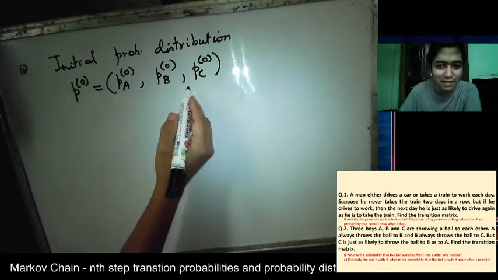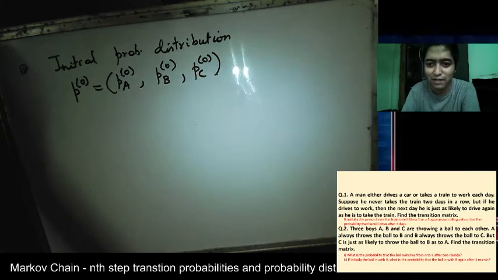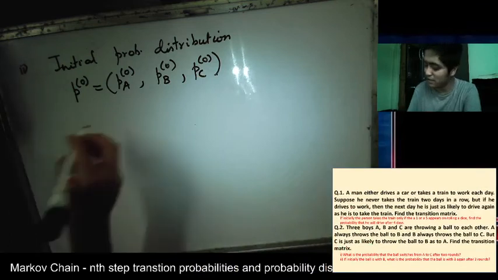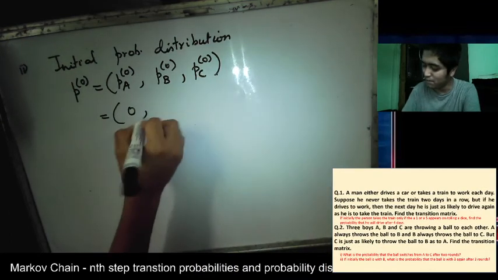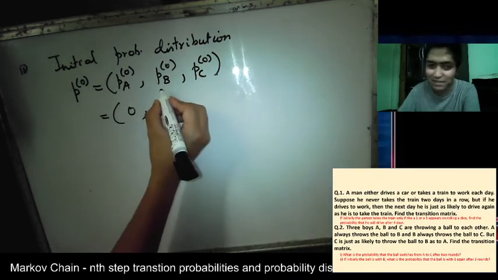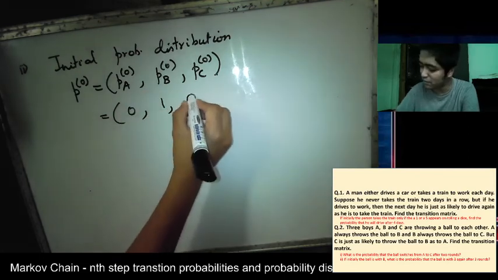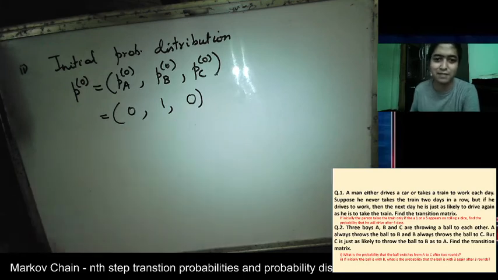Initially the ball is with B, if you are not seeing the question. So 0, the ball is not with A, it is guaranteed that the ball is with B. So this is the initial probability distribution.